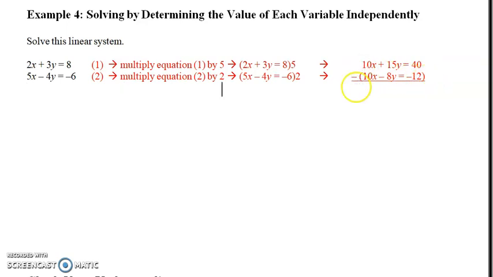10x subtract 10x is eliminated, so we did it. 15y subtract negative 8y would be 23y.